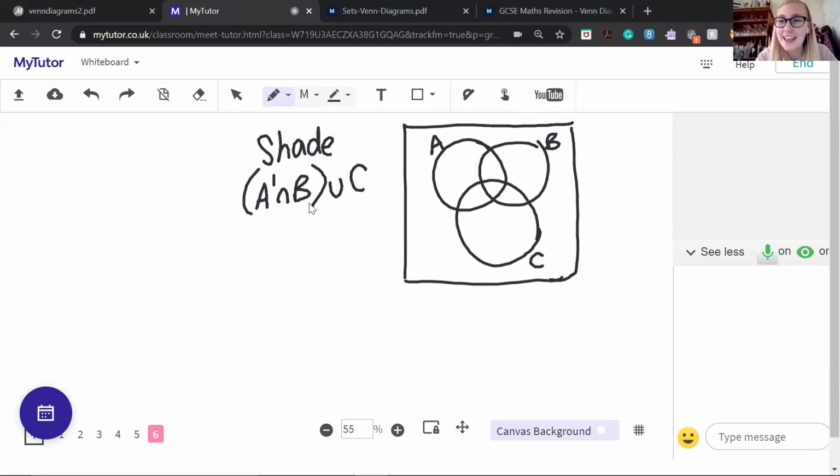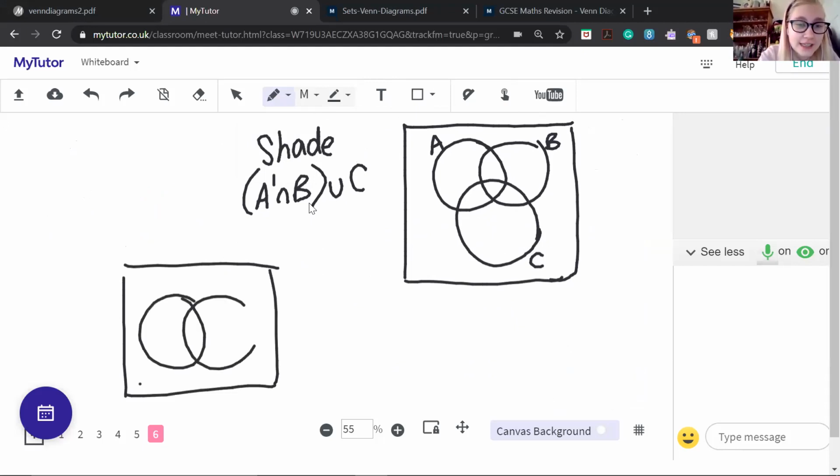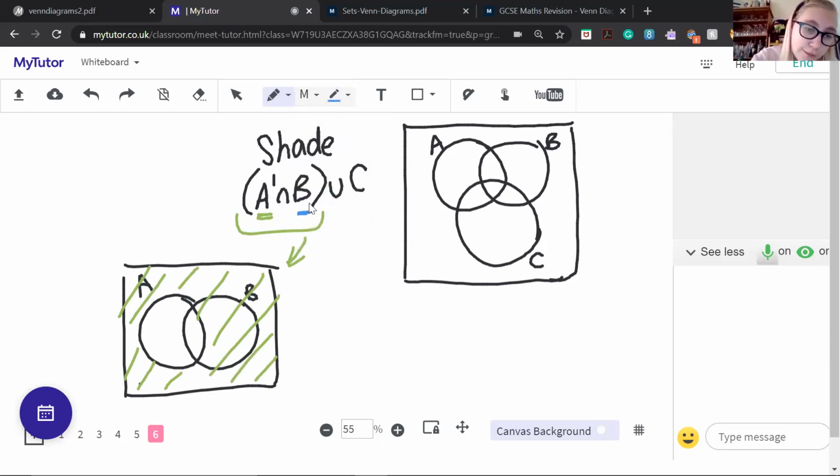So we're going to split this up. Also, someone's just said that they found them tricky, but now they get the questions, and that makes me so happy. So let's just think about this A and B bit. So not A, currently I'm just looking at this bit. So not A, there it is. Intersection B, so what does B look like?